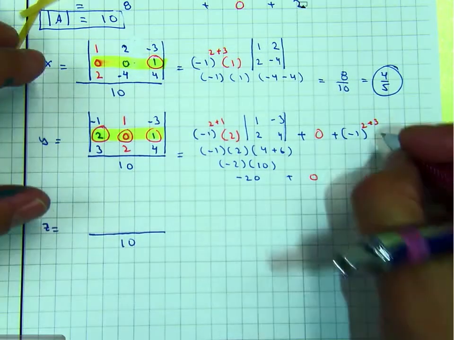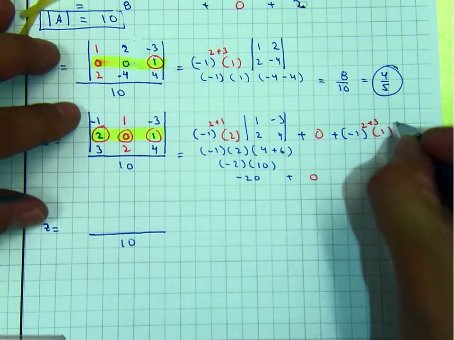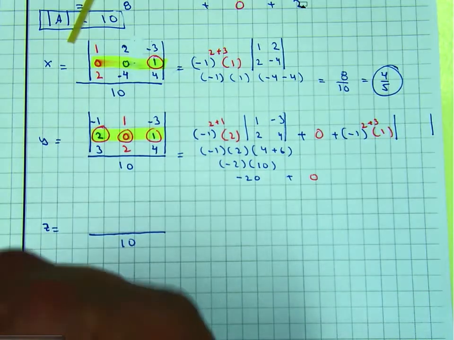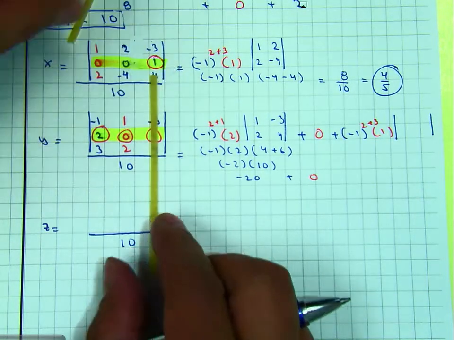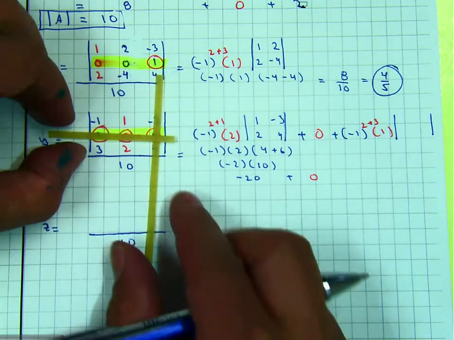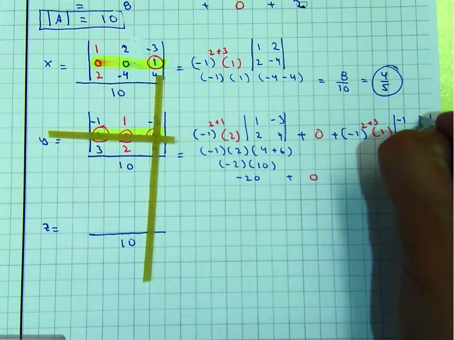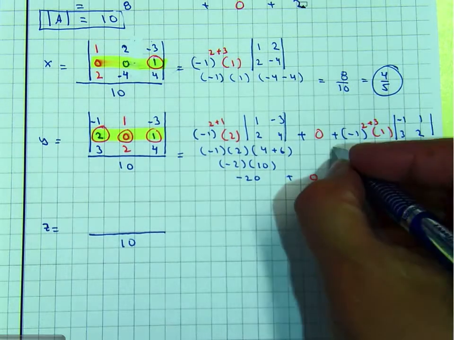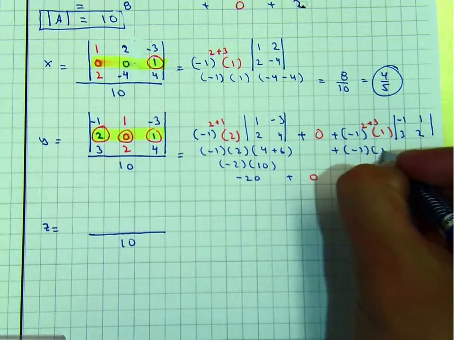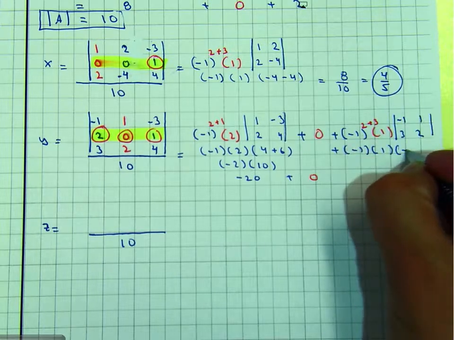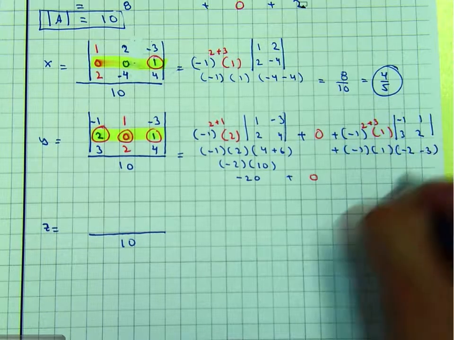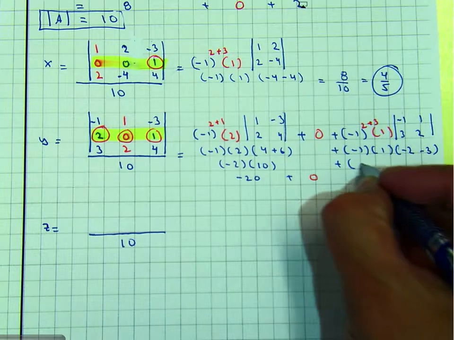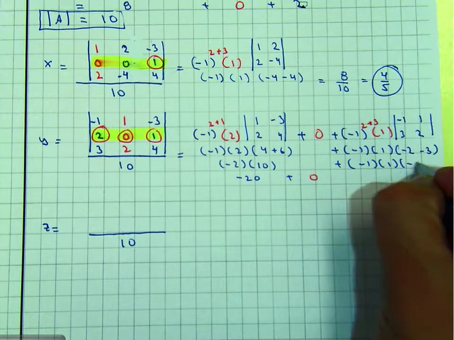Then I end up with a 1. I'll place my matrix that I get. I'll find the determinant. I'll cancel my third row, my second column. So I end up with negative 1, 1, 3, and 2. So it gives me a negative 1 times 1. This gives me a negative 2 minus 3. This will give me negative 1 times negative 5.